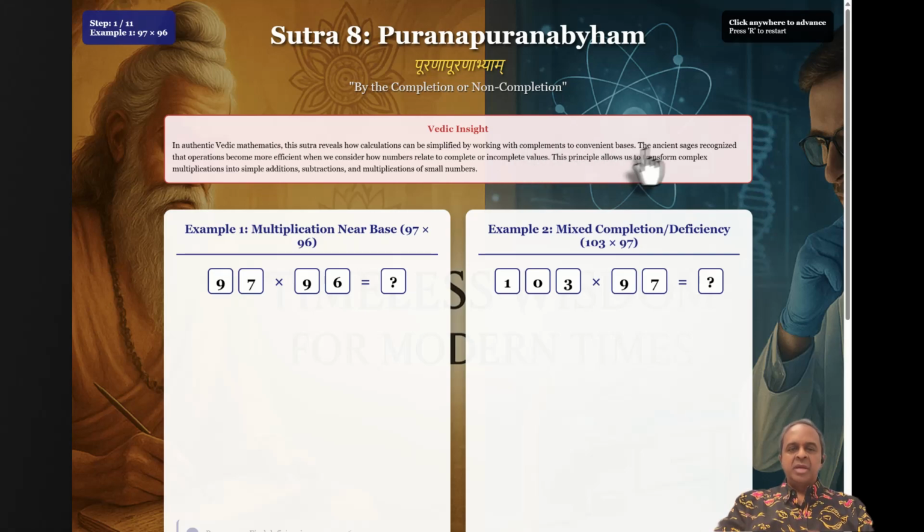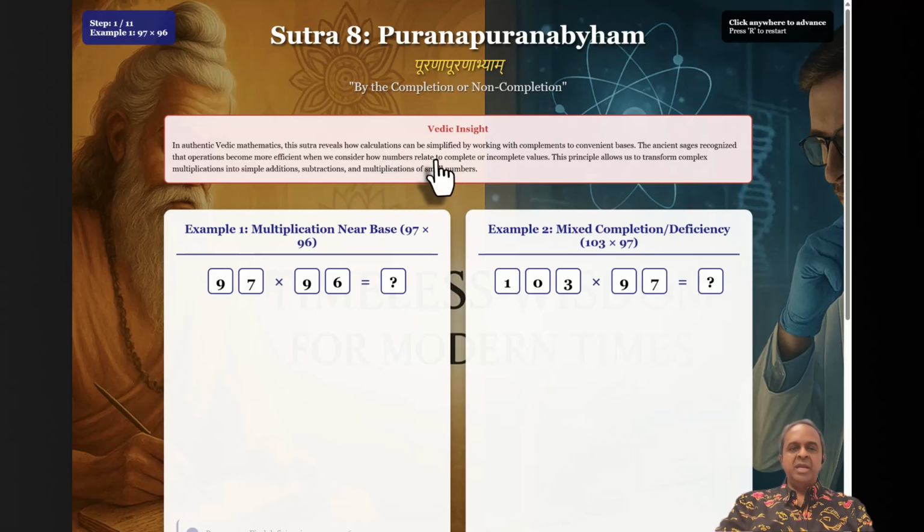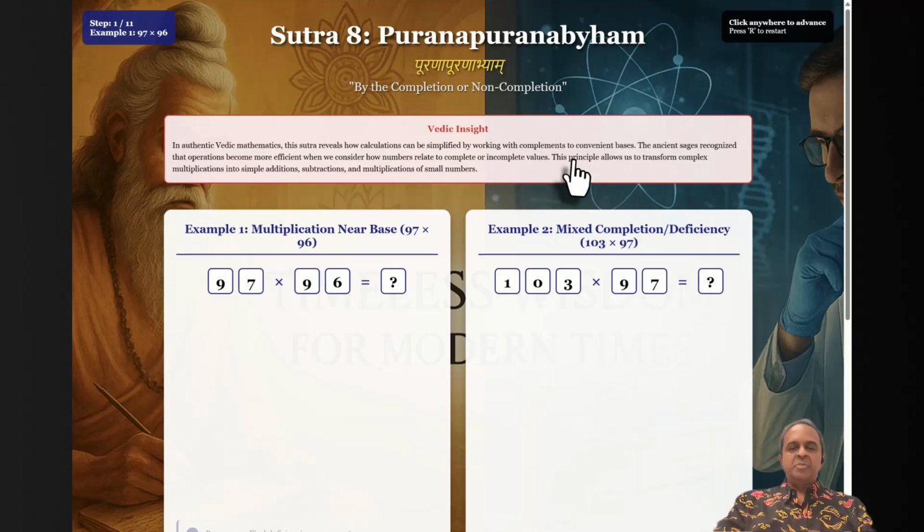The ancient sages recognized that operations become more efficient when we consider how numbers relate to complete or deficient values. This principle allows us to transform complex multiplication into simple additions, subtractions, and multiplications of small numbers.